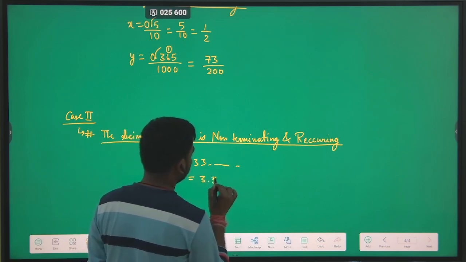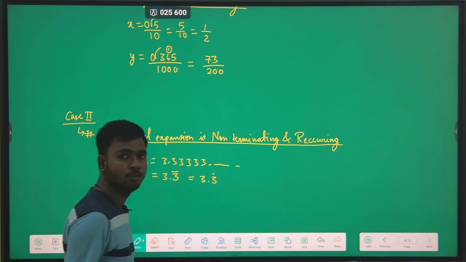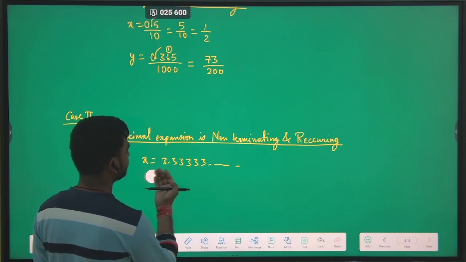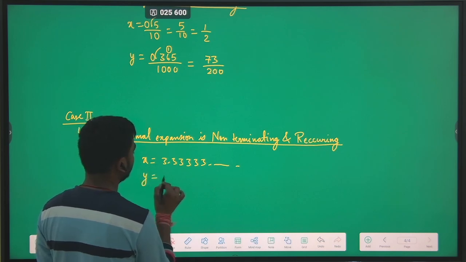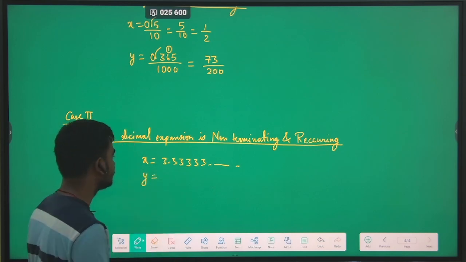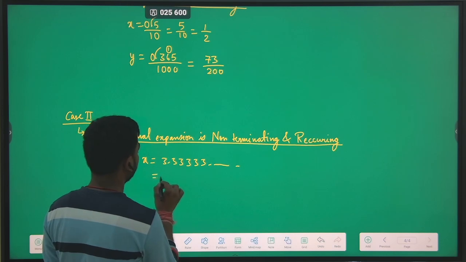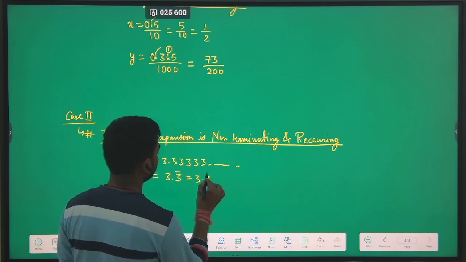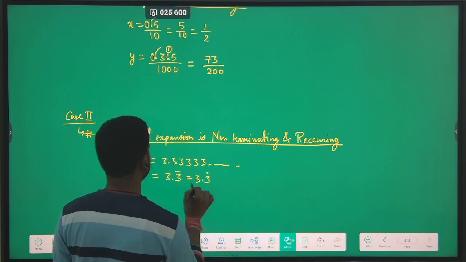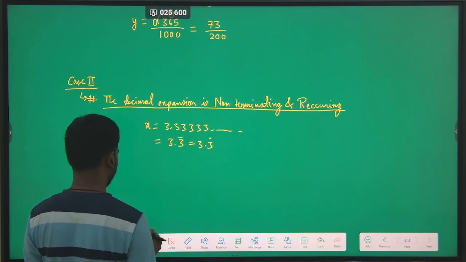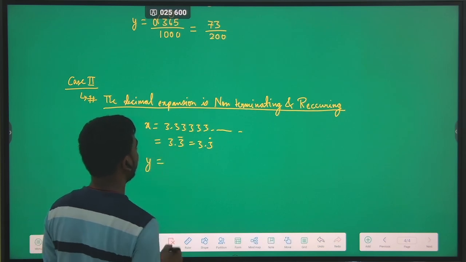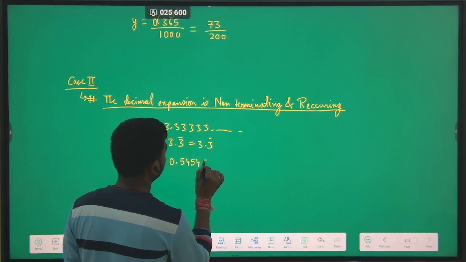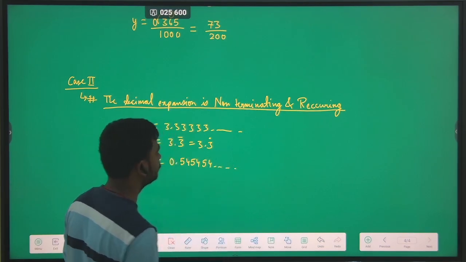Now let us suppose that we have another number y, which is like 0.54, 54, 54 continued up to so on.